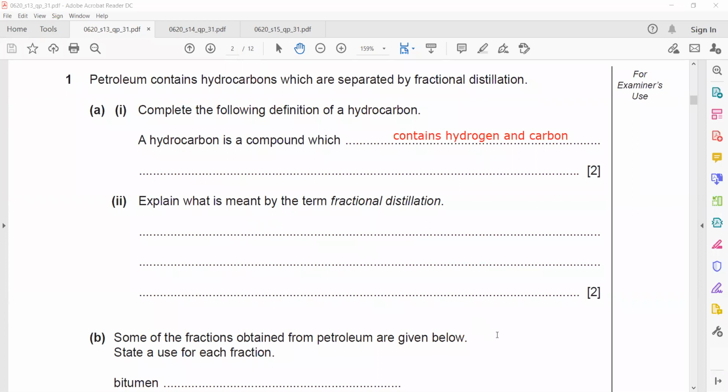What is meant by the term fractional distillation? Separating the mixture on the basis of the boiling point, we call that fractional distillation. A separation technique which is used to separate two or more miscible substances on the basis of their boiling points.